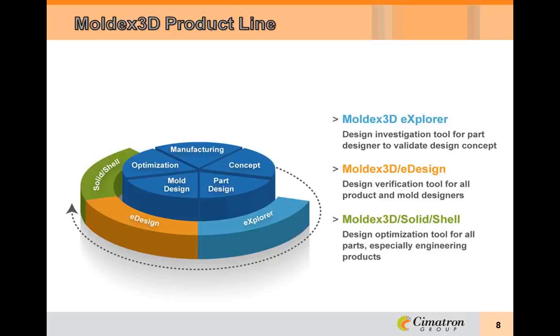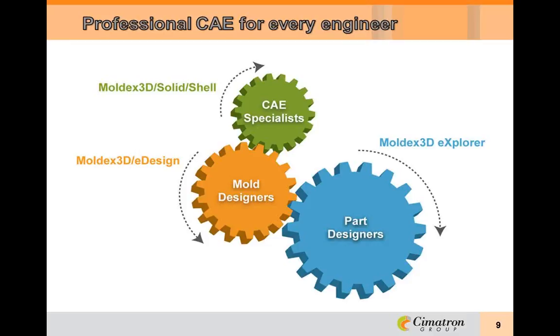Moldex 3D Solid Shell offers more advanced tools to decrease your time to market and to improve the quality of the design with comprehensive analysis results. Today's focus will be on the mainstream product, eDesign. These 3 products present a single unified platform for all designers and CAE specialists at every stage of the product development cycle. It integrates all of your innovation, efficiency, and productivity to reach your design expectation and product optimization.